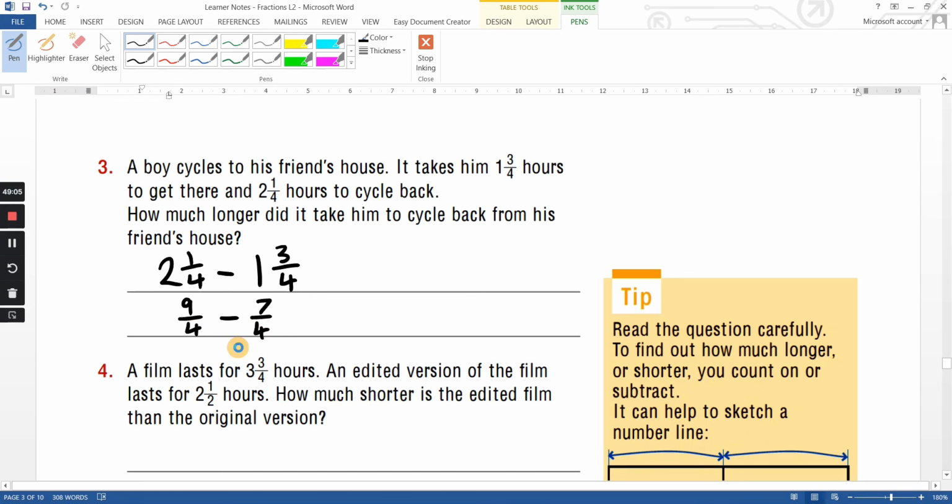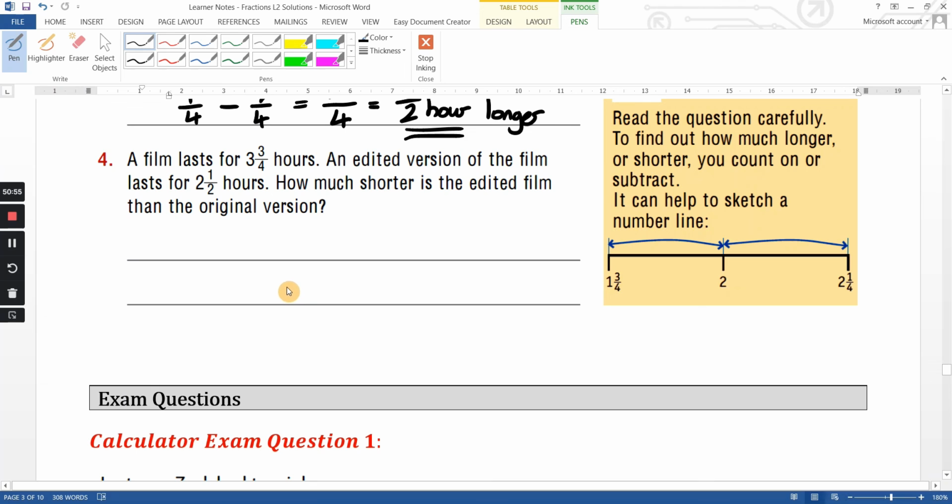Yep, don't need to change these denominators, keep them the same. And that's going to be out of 4 as well. 9 take away 7 is 2. Simplifies to half, so it's half an hour longer.